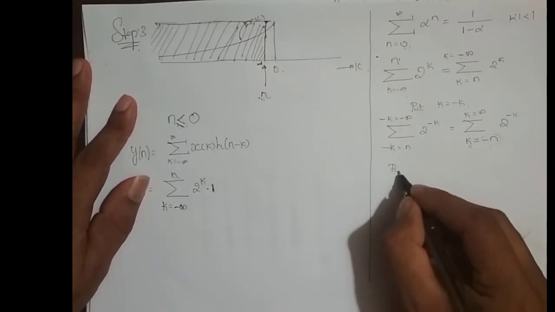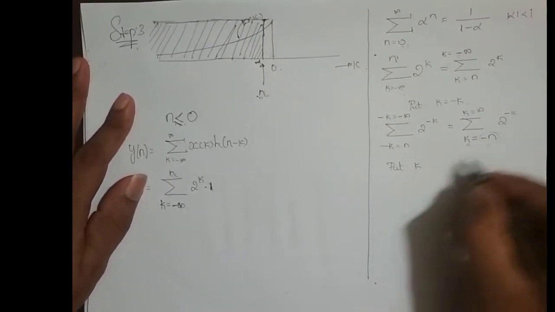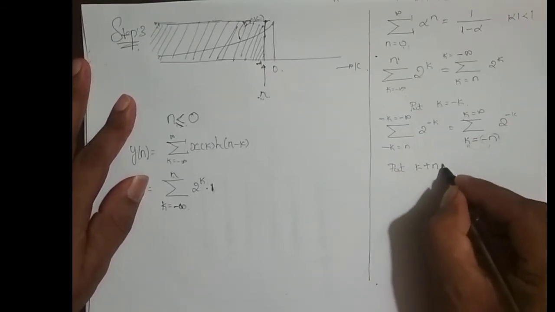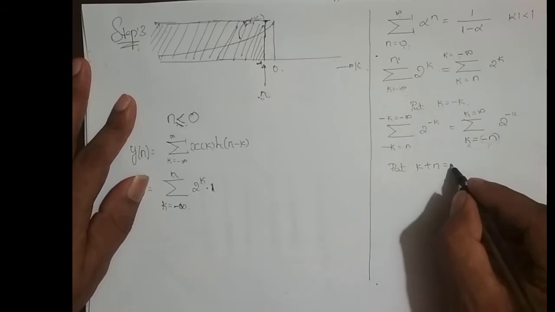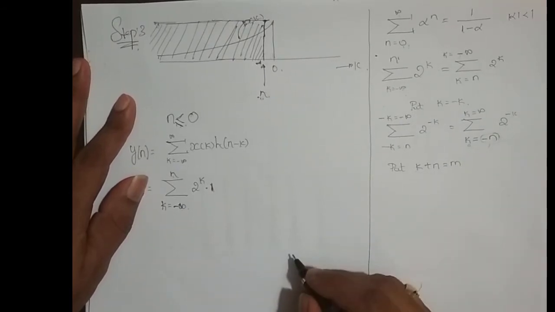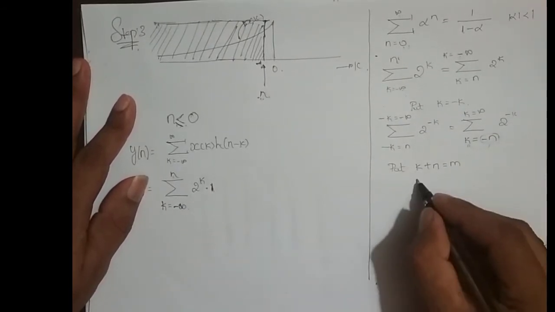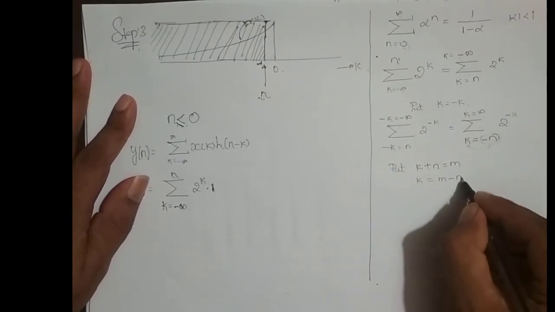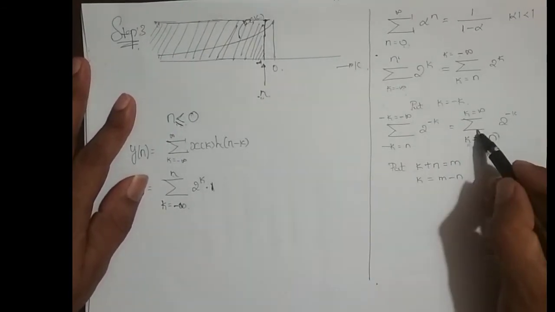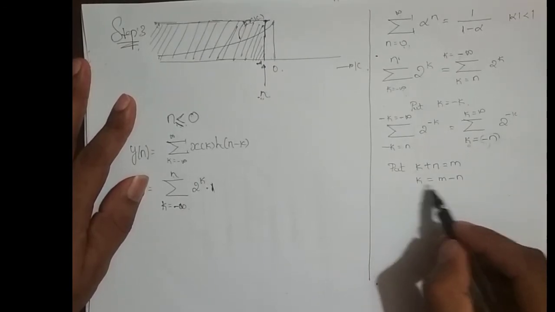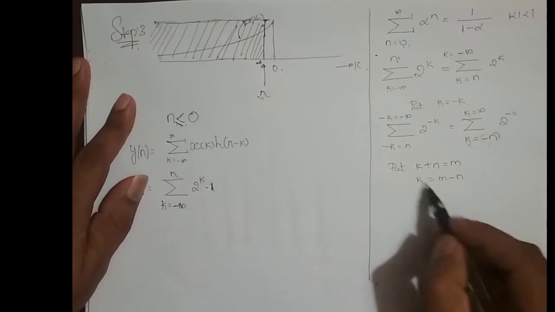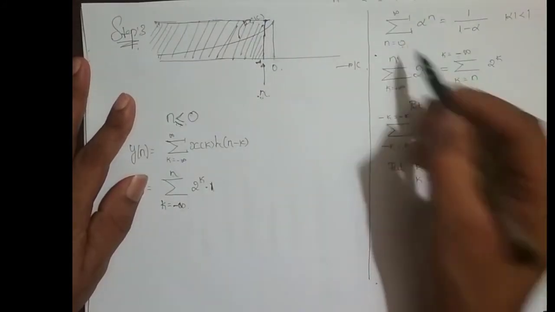So k, this minus n goes to the other side. So what happens? k plus n is equal to, I'll equate this with the dummy variable m, right? Fine. And I'll write this in terms of k. What is k from this? K is nothing but m minus n. Now in this equation, wherever k is there, I replace it by m minus n. Fine. So what I'm trying to do here is just make this lower limit 0.